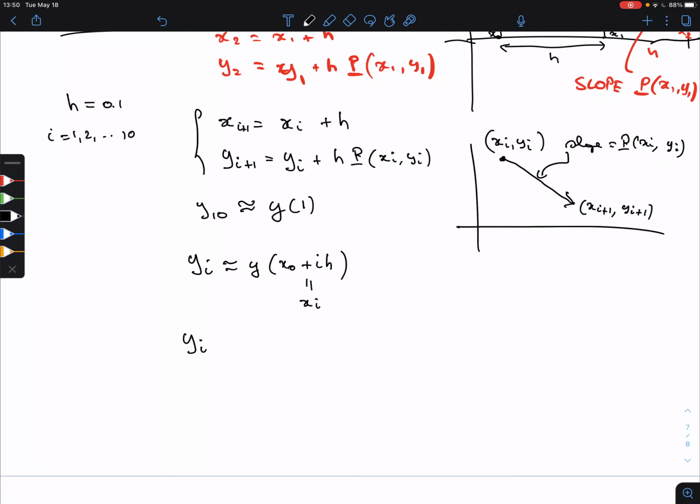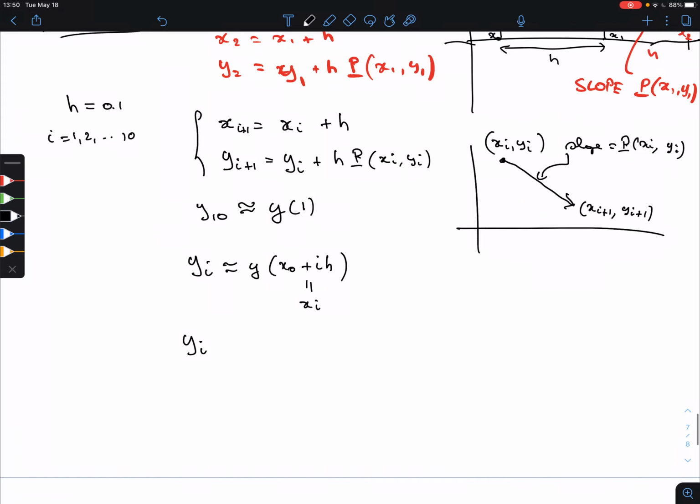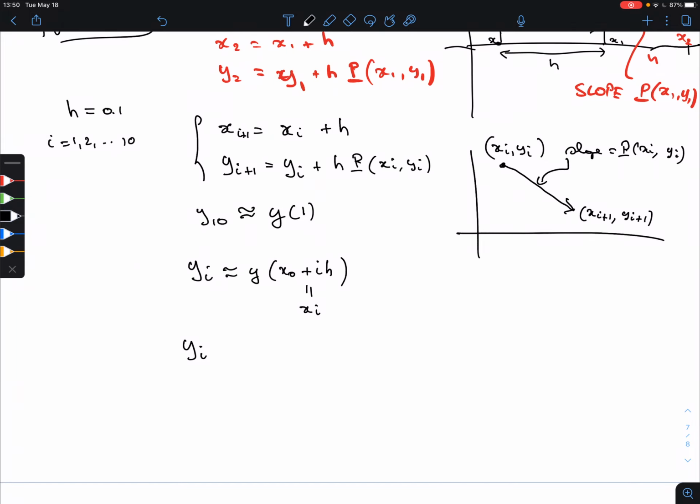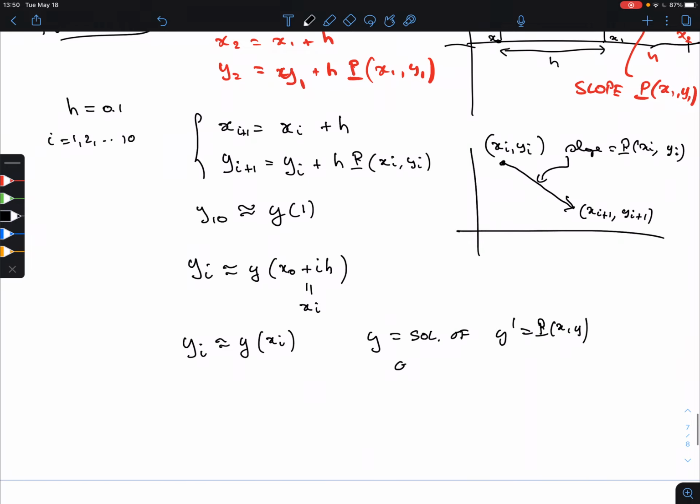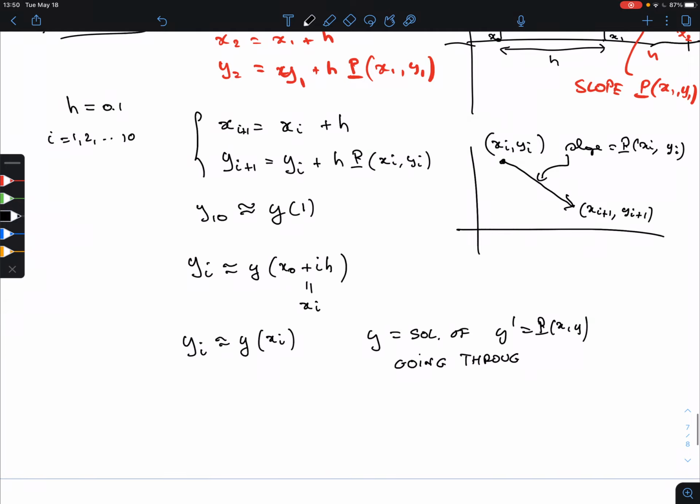If I do this after i steps, what I have calculated is something that is very close to the actual value of that function at x_i, where the function is the solution of the differential equation satisfying the initial condition y(x0) = y0.